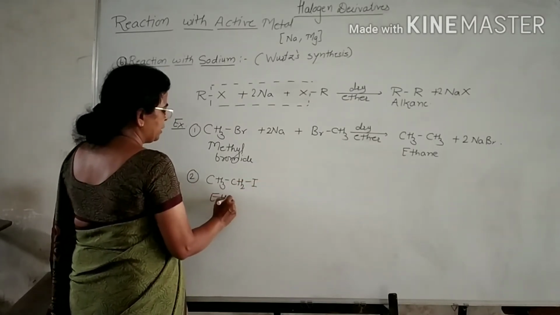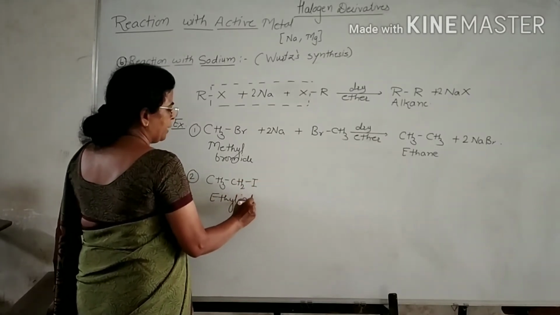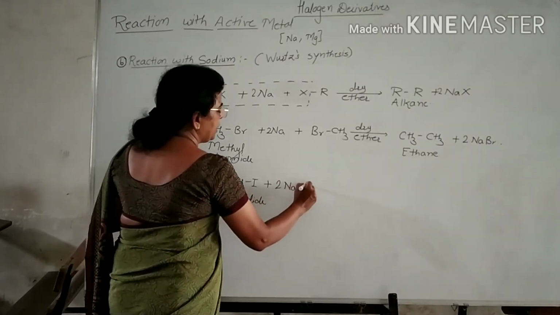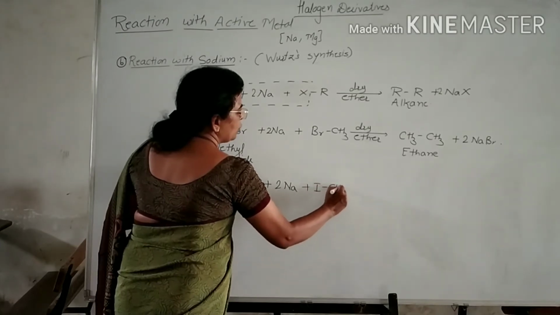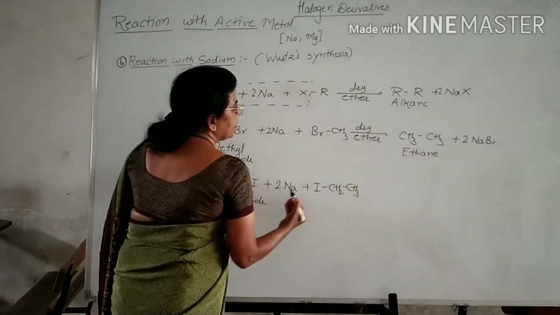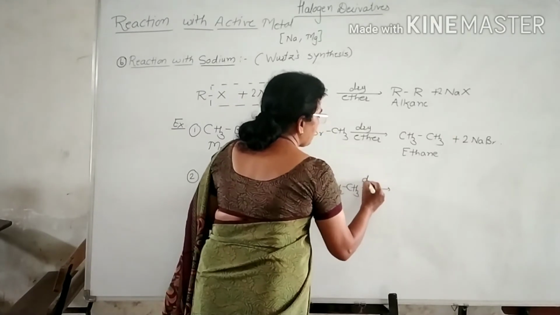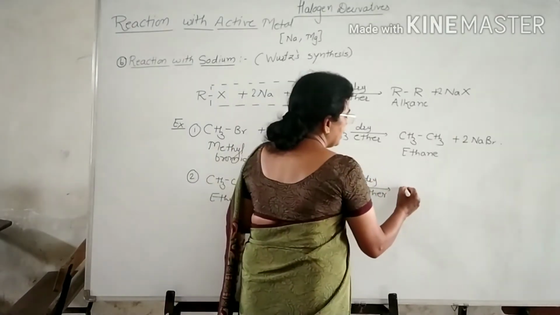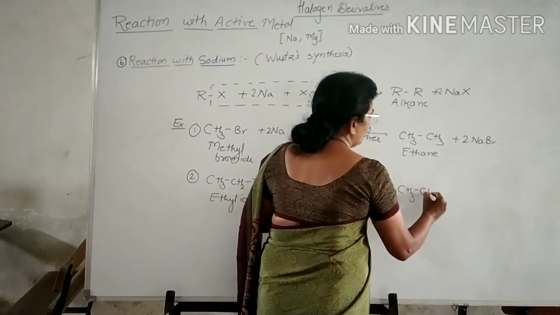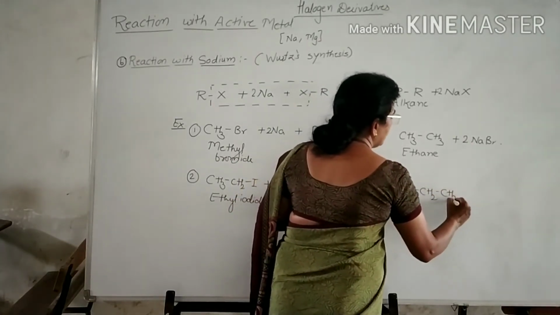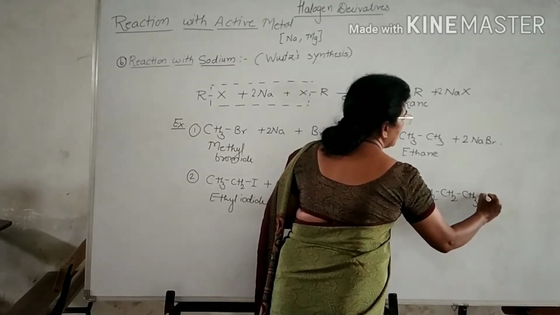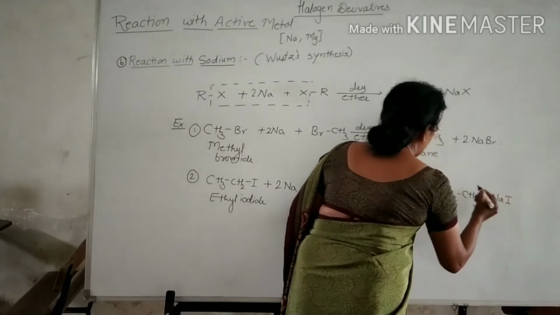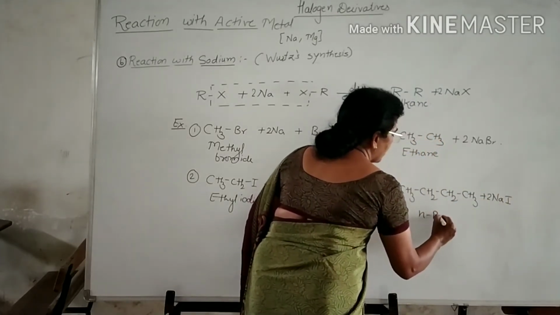When this compound is treated with sodium metal, 2Na plus ethyl iodide, CH2CH3, in presence of dry ether, we will get CH3CH2CH2CH3 plus NaI. Two NaI are formed. This is n-butane.